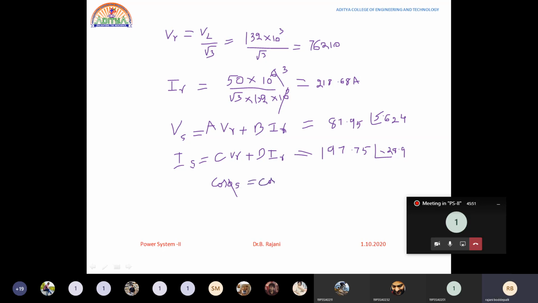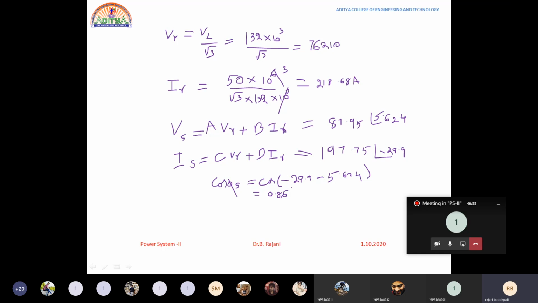Here we are having current angle as minus 28.9 and voltage angle as 5.62, so minus 28.9 minus 5.6 gives you 34 something odd.